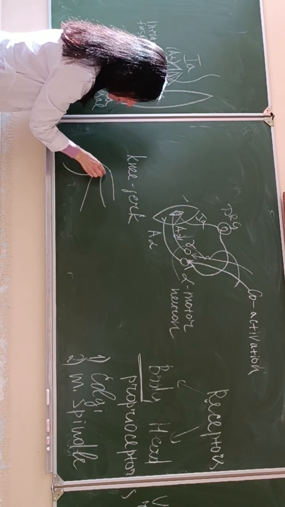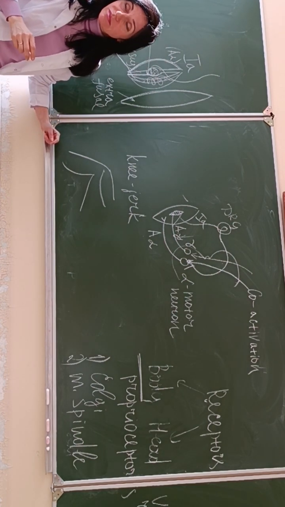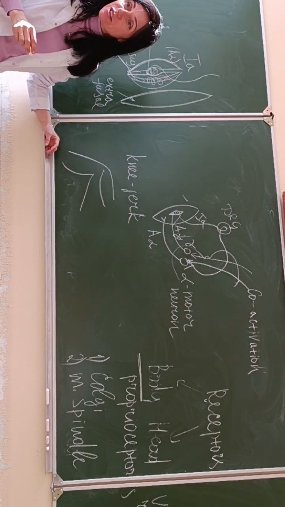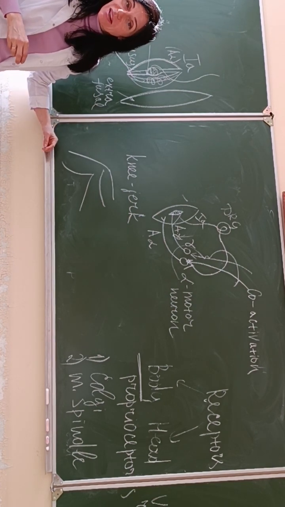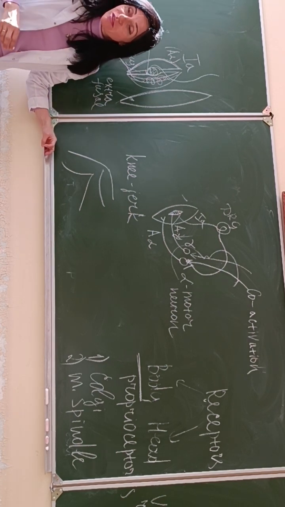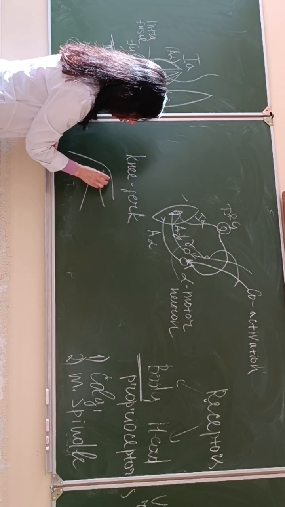Quadriceps, what is this muscle? Flexor or extensor? Extensor. It's an extensor, quadriceps.